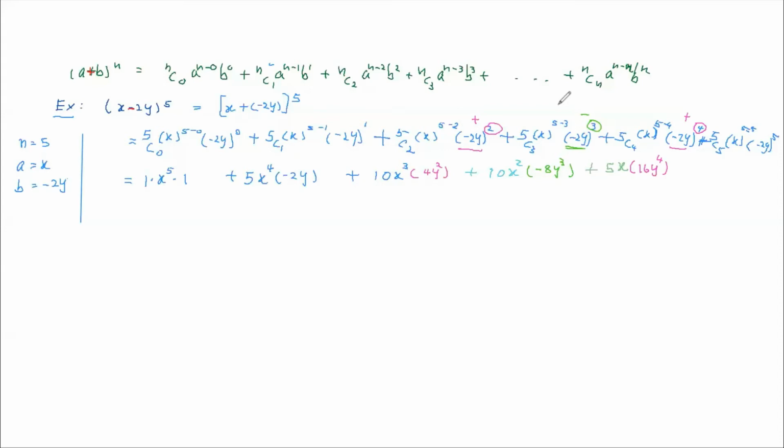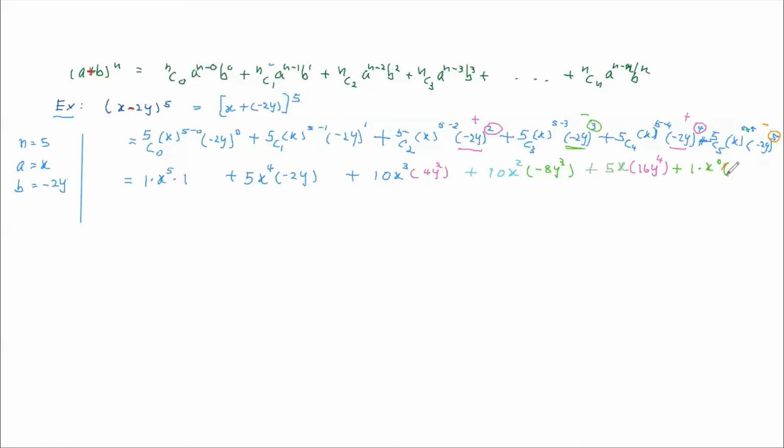Then go to the next one. Plus the last term. 5C5 is 1. x power 5 minus 5. This power 5 minus 5 becomes x power 0. Again, this one, don't forget this one. The power is odd, so the sign must be minus, and the 2 has to be 2 power 5, y power 5.